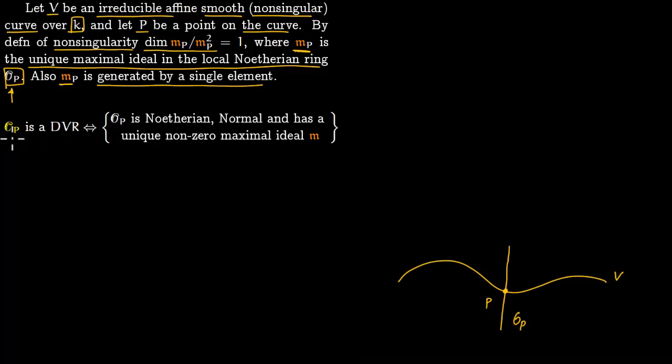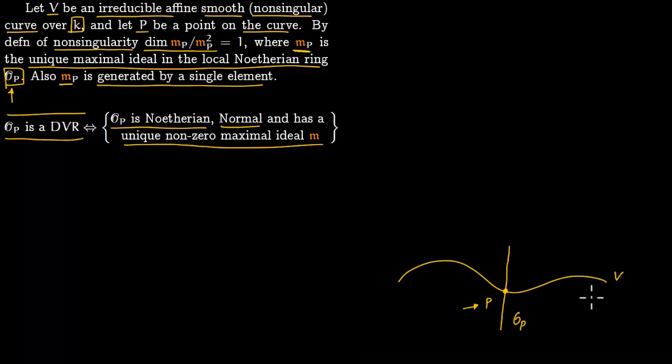And recall the definition of discrete valuation ring. What you need to check is that this is Noetherian, normal, and has a unique non-zero maximal ideal M. All these things are satisfied if your point P lies on the smooth part of the curve. When we talk about tangent space, it is a local condition.